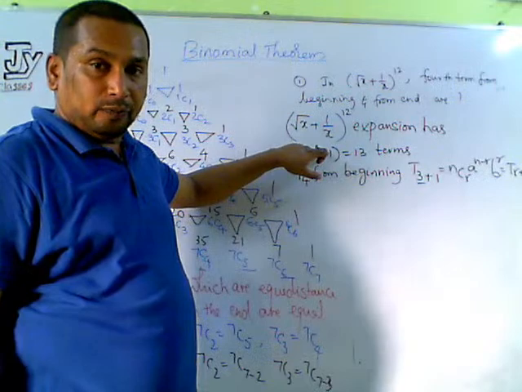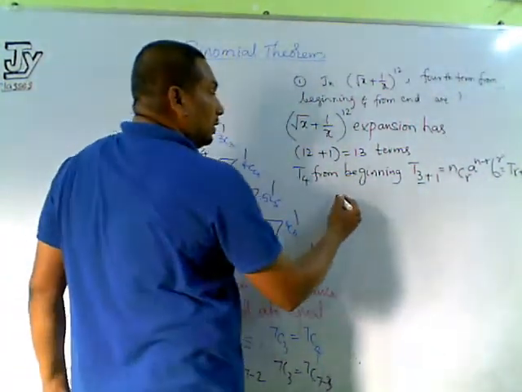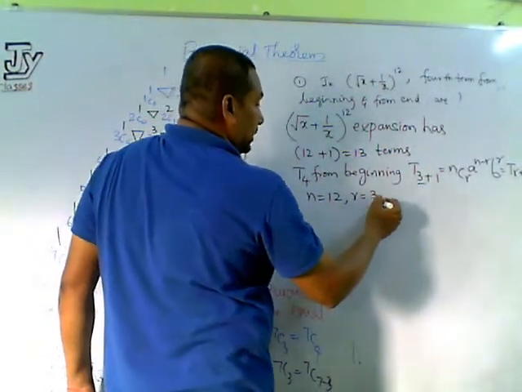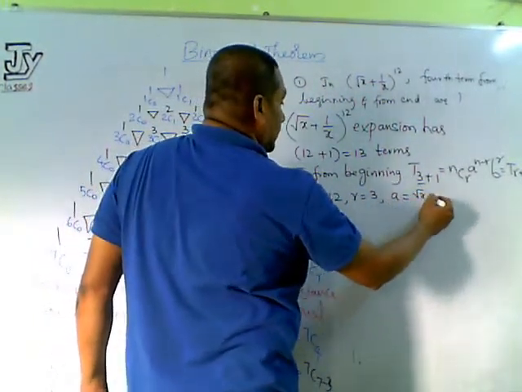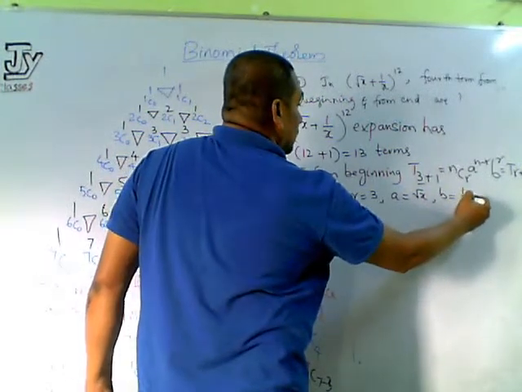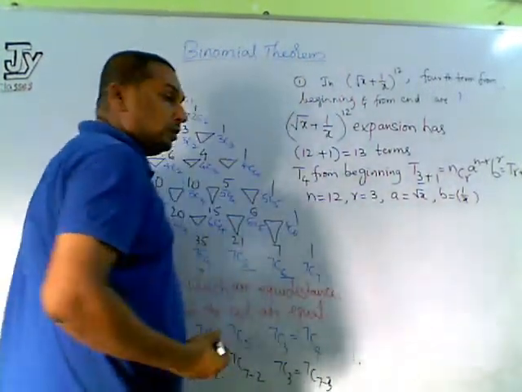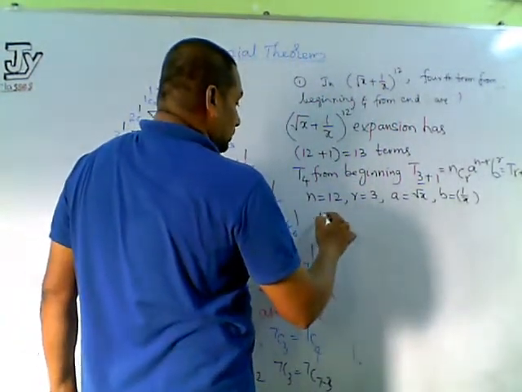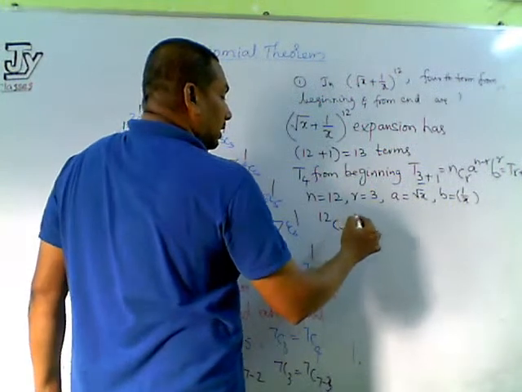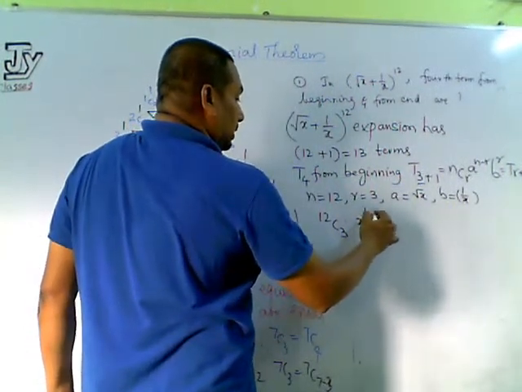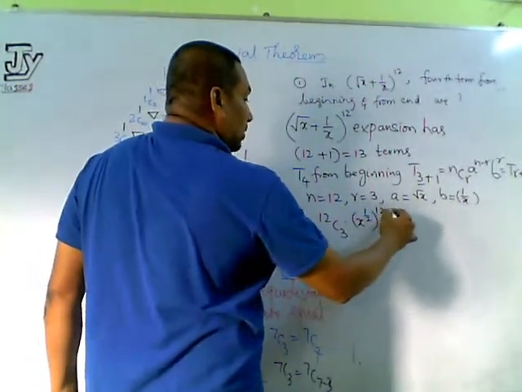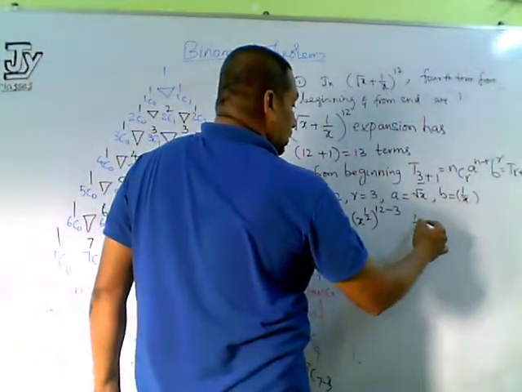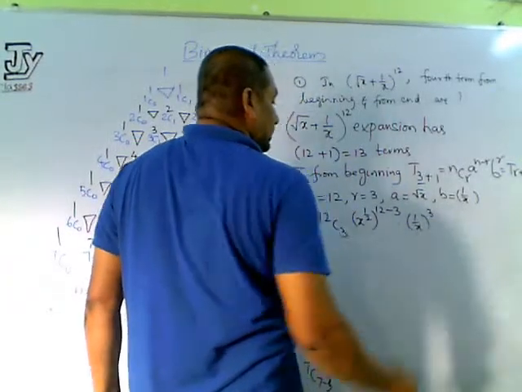What is b? 1 by x. So n is equal to 12, r is equal to 3, a is equal to root x, b is equal to 1 by x. Then 12C3 times x power 1 by 2 whole to the power of 12 minus 3, that is n minus r, into (1 by x) whole to the power of 3.